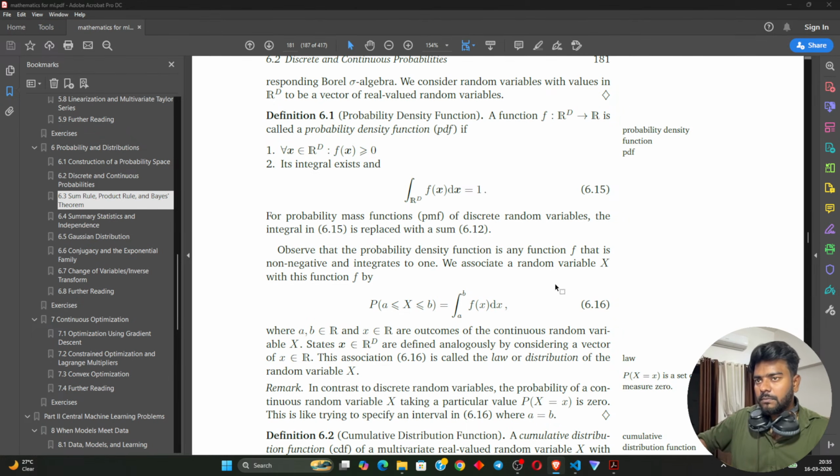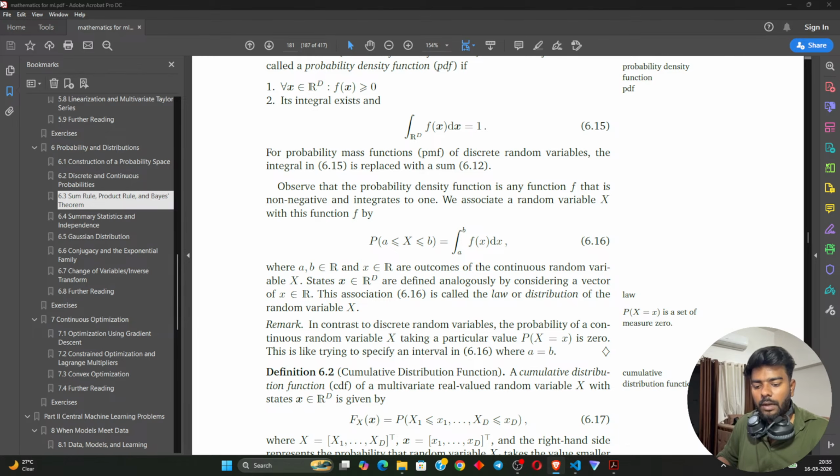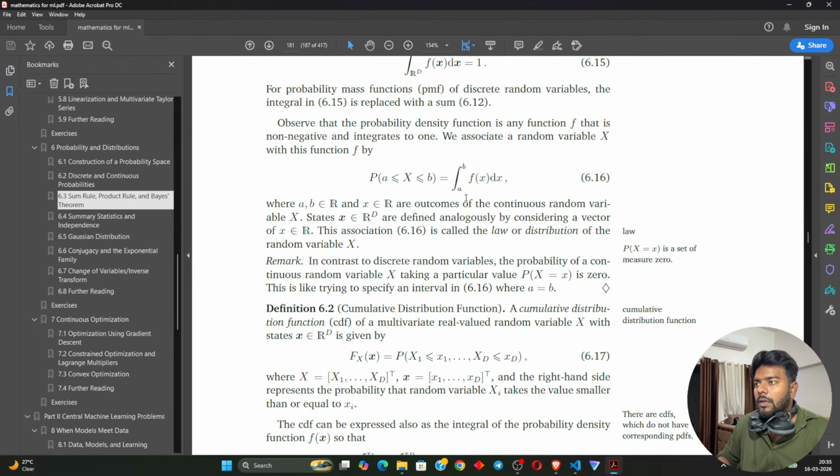We associate a random variable X with this function f by P(a ≤ X ≤ b) = the integral from a to b of f of x dx, where a, b are elements of R and x are outcomes of the continuous random variable X, with states x an element of R to the power d, defined analogously by considering a vector of x in R. This association 6.1 is called the law or distribution of random variable X.